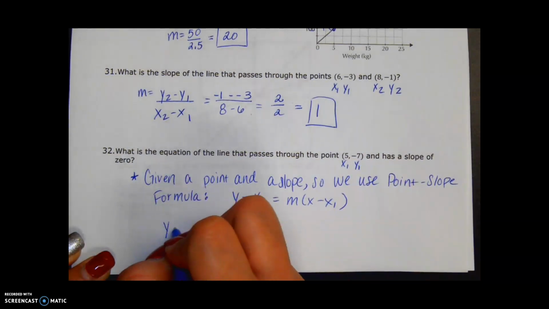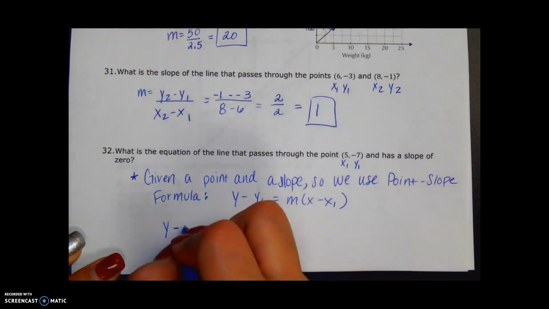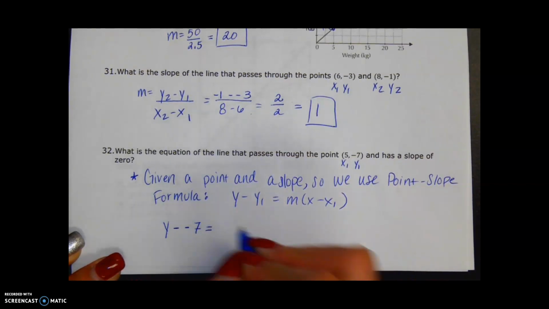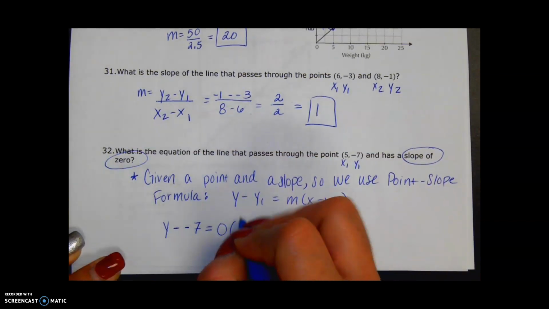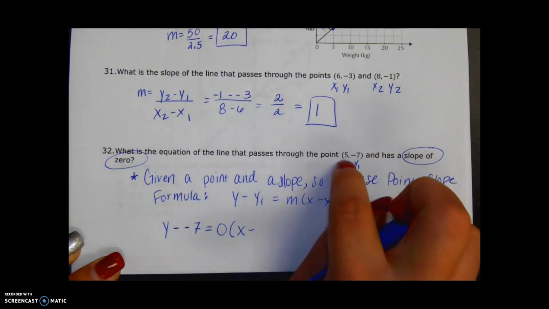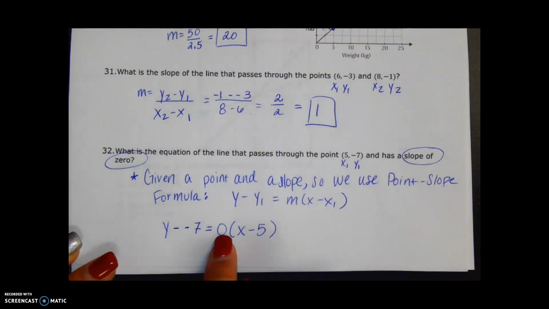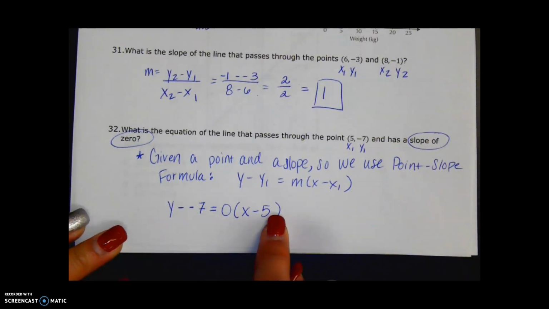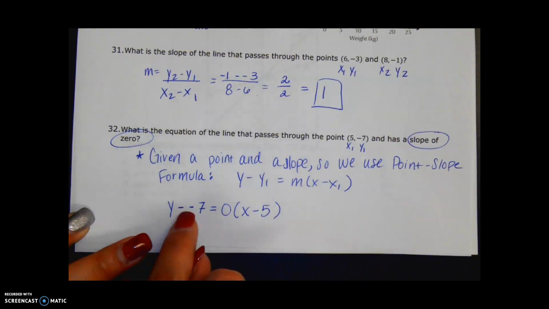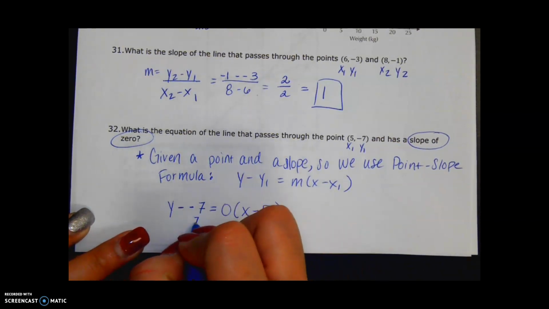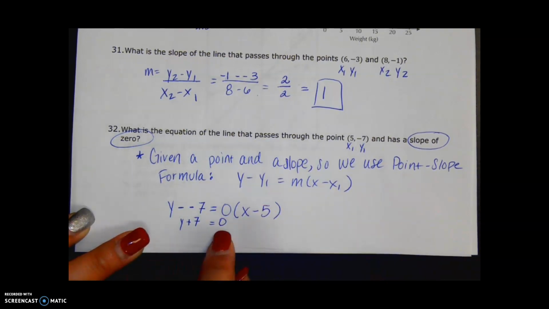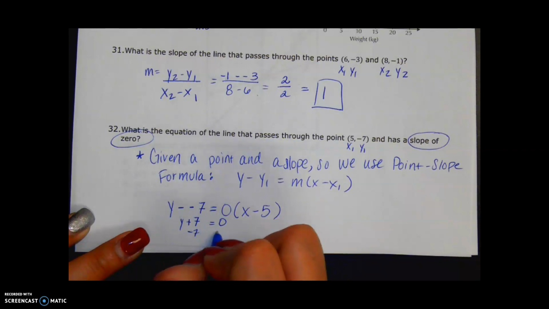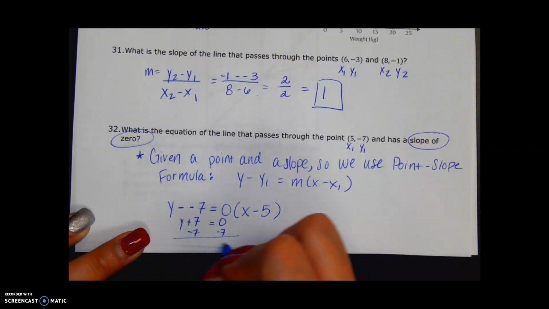So y minus -7 equals slope of 0, that means 0 times x minus 5. Well, when I multiply 0 by anything, I'm left with 0. This becomes a plus, and I've got y plus 7 equals 0. I'm going to move that over, -7, and I end up with y equals -7.